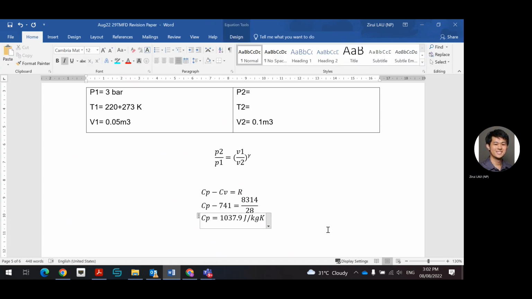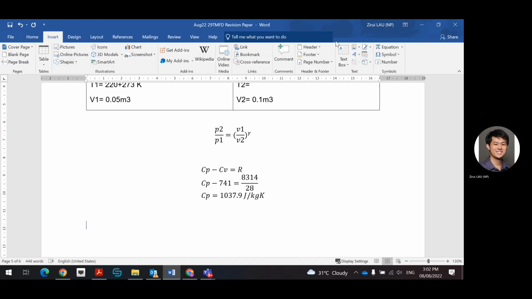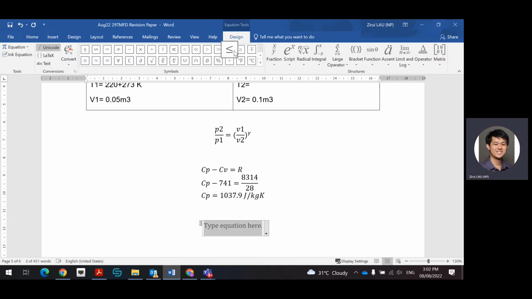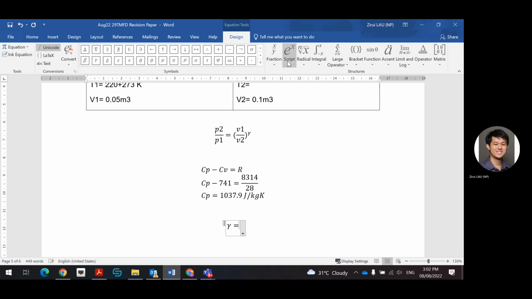So with that, what do I do next? Gamma is equal to CP over CV. So 1037.9 divided by 741. 1.4.